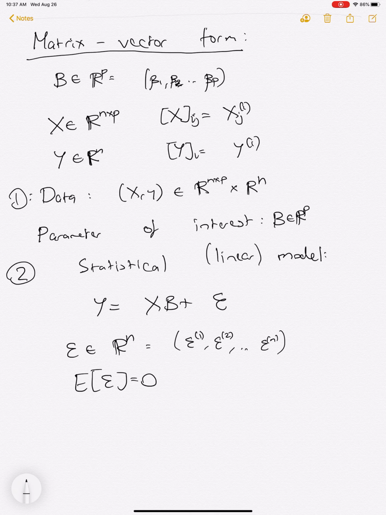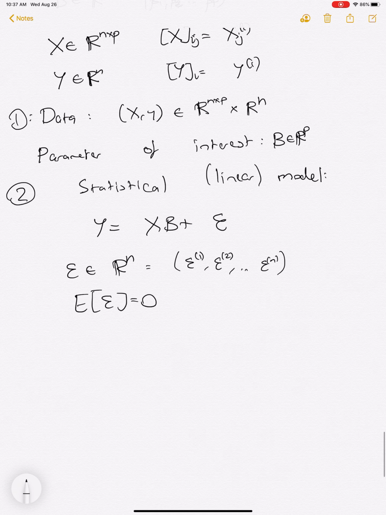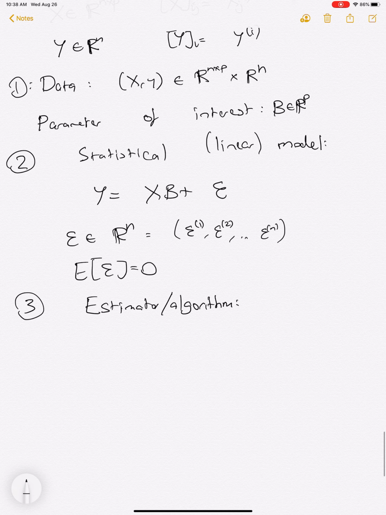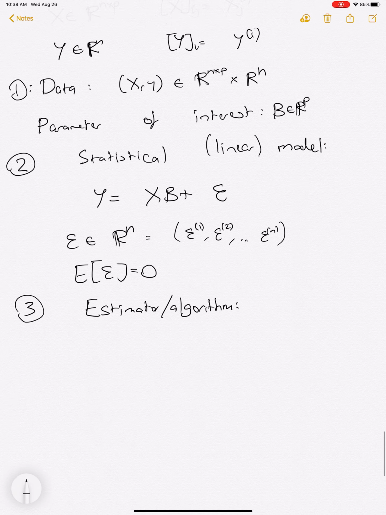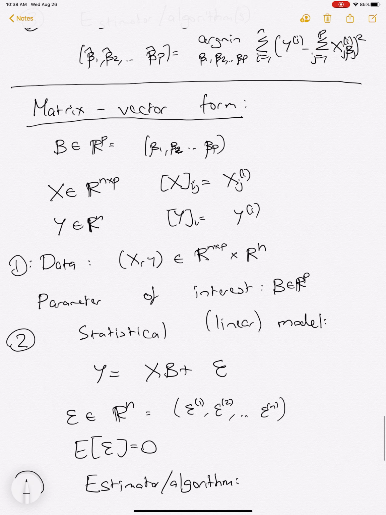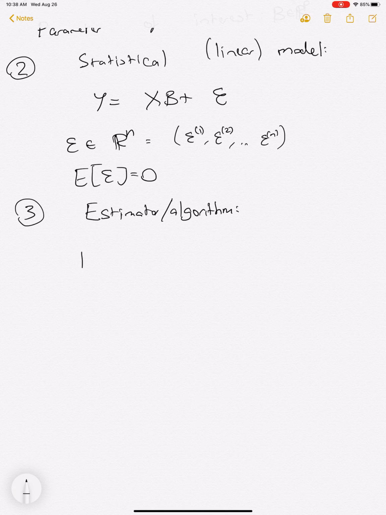Okay, and so now let's think about the estimator or algorithm. You can re-express the least squares equation. Remember that the least squares formulation was like this. So we can now re-express that in matrix vector form in a much more concise way.